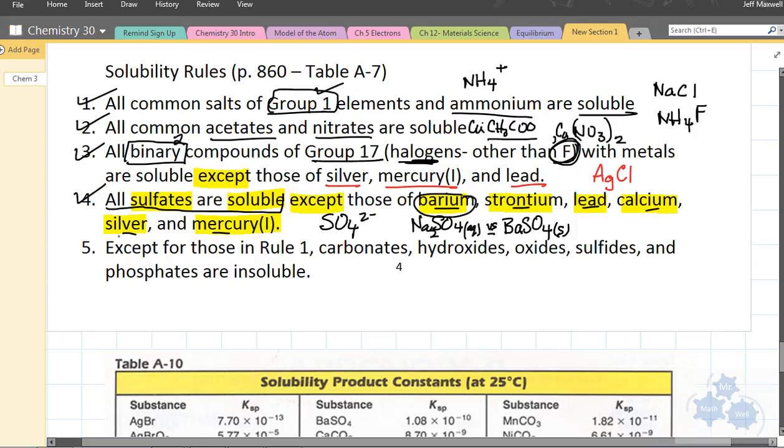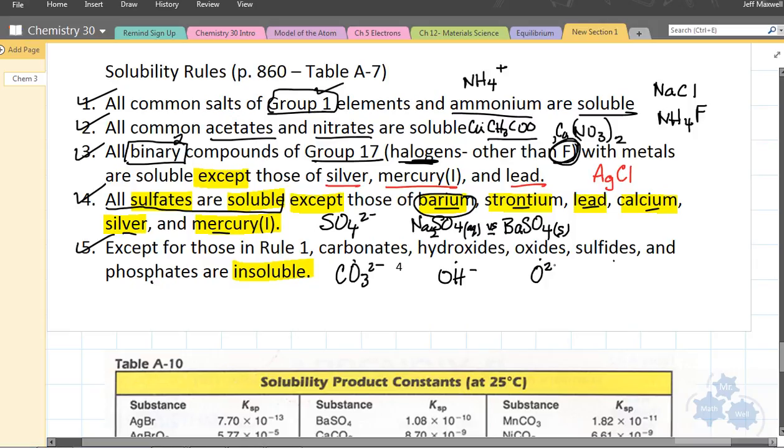Okay, number 5, except for those in Rule 1. Now, Rule 1 is the group 1 elements. Carbonates, hydroxides, oxides, sulfides, phosphates are insoluble. Okay, so we'll list those again. You can look on page 169 for those. So carbonates are CO3 2-. Hydroxides, OH-.